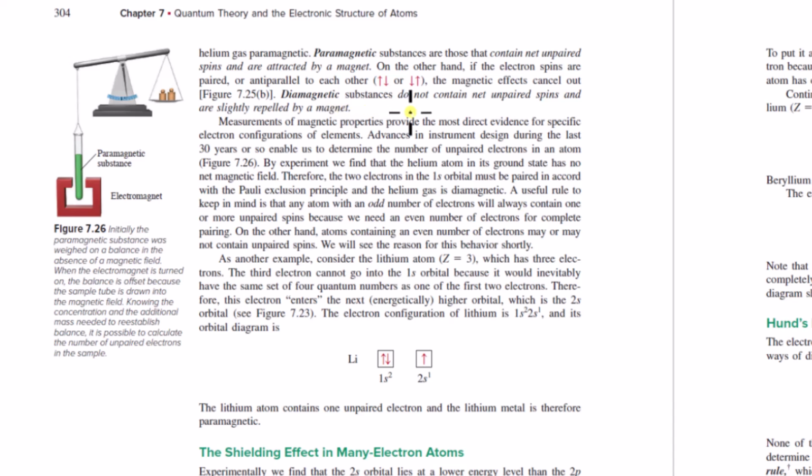Diamagnetic substances do not contain net unpaired spins and are slightly repelled by a magnet. This is kind of confusing because you would think diamagnetic substances aren't magnetic. So this seems to be suggesting that even substances that we would say aren't magnetic would still slightly repel a magnet, because you either have substances that don't have net unpaired spins or substances that do.